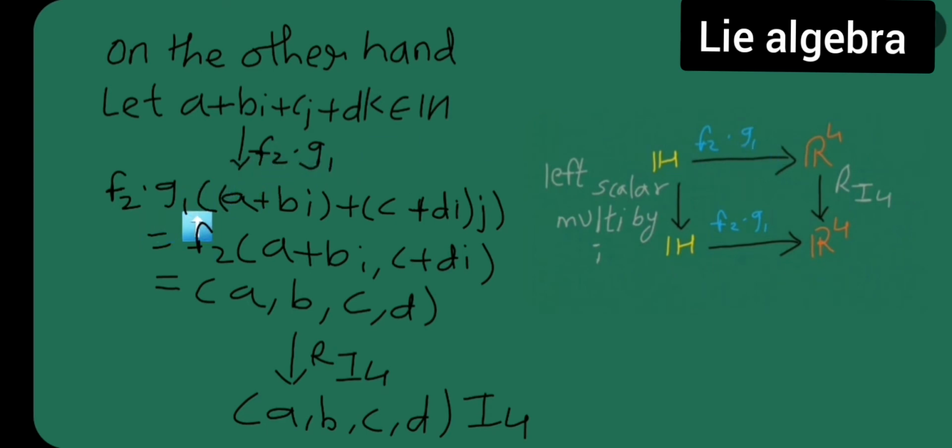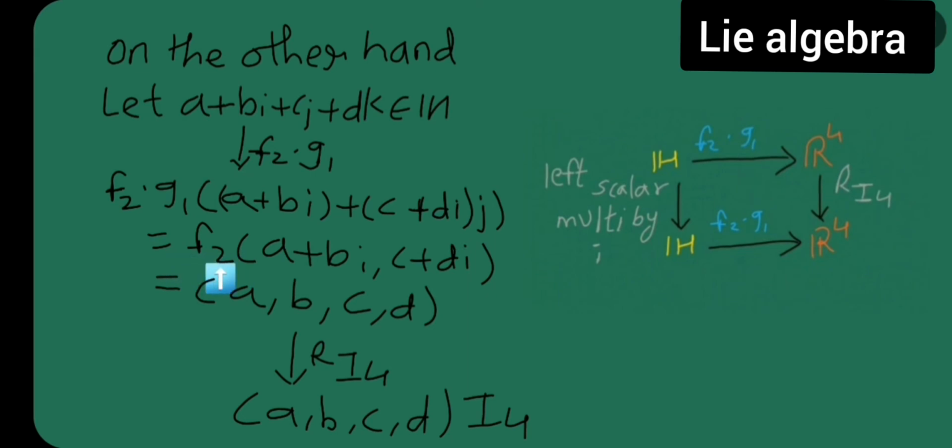So F2 into G1 into this, I am writing it as A plus BI plus C plus DI into J. So it will be like CJ plus I into J is nothing but DK. So I will write this in this form.